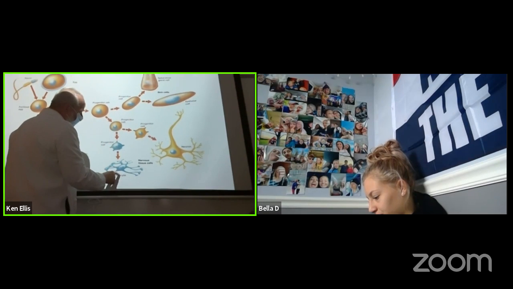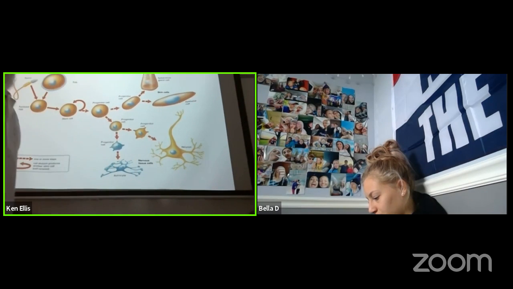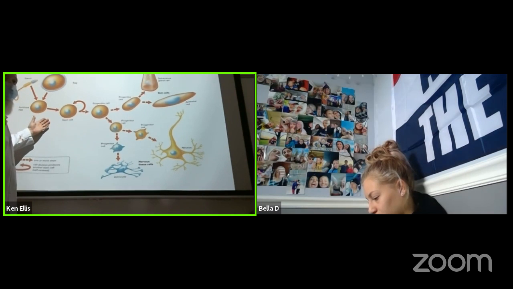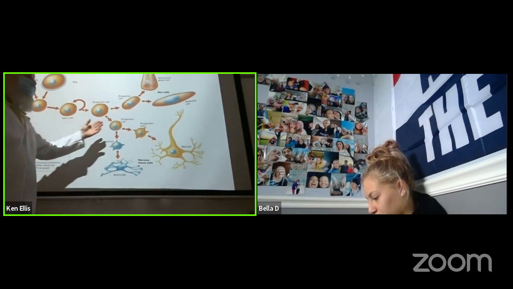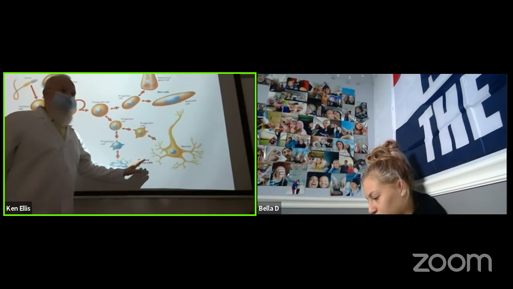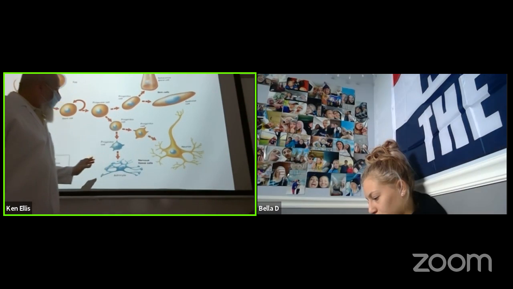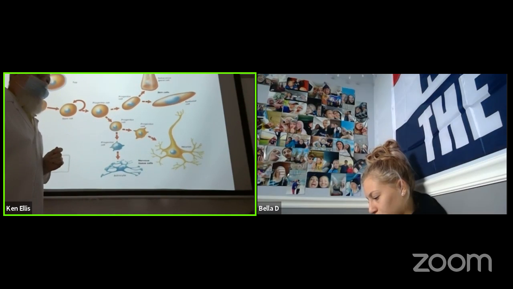It looks like it can make an astrocyte or it can make a neuron, but nothing else. Stem cells can become anything. Progenitor cells make some things, not just these two or three, maybe a few more, but that's all they can make. They can't make any of the other cells.